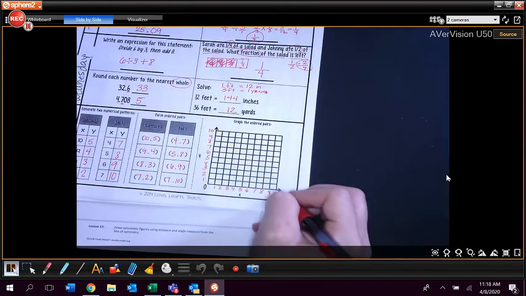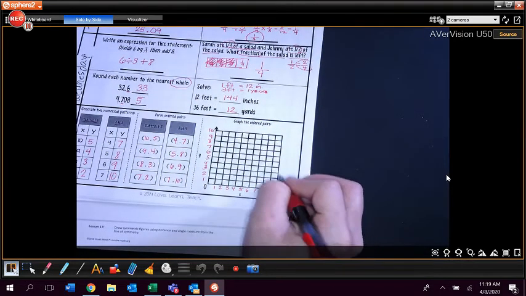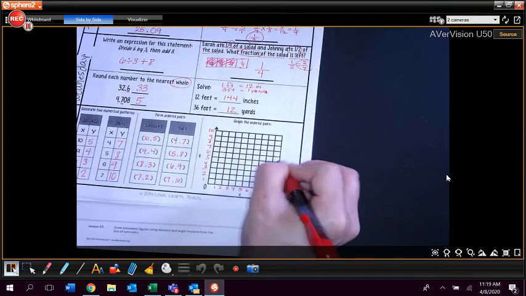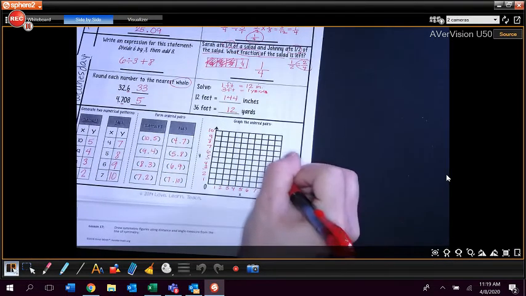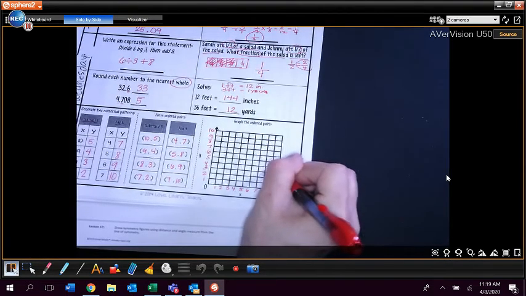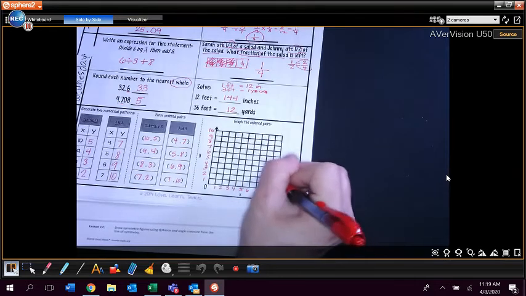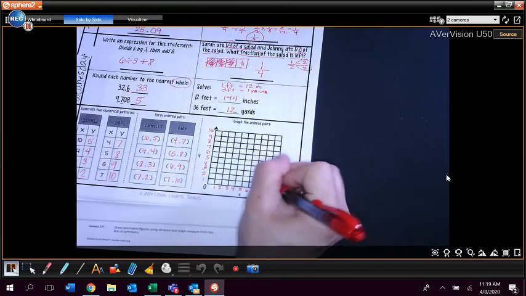So we start with 10 and 5. Remember, we always start with x, so 10 and 5 right here. Then we have 9 and 4, 8 and 3, 7 and 2.